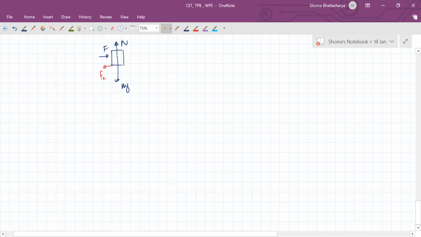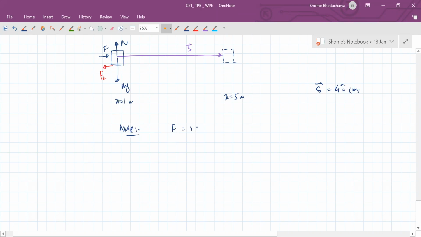And the displacement of the block is like this, from the x equal to 1 position to the x equal to 5 meters position. So the displacement is 4 meters along the positive x direction.